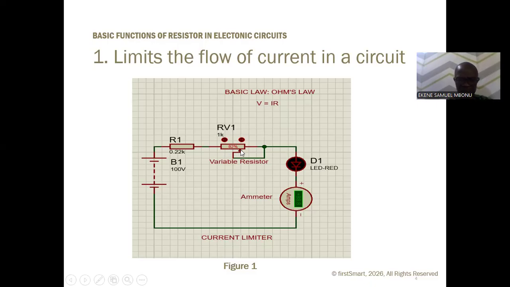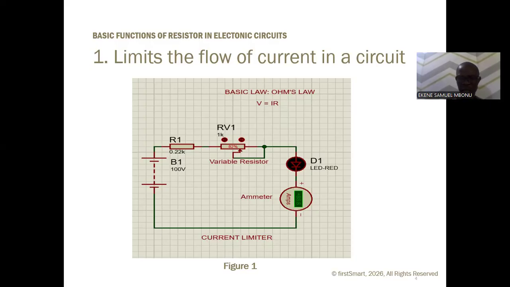At the minimum resistance, when the percentage is 0, we have maximum current flowing through the circuit. This is one of the basic functions of a resistor in a circuit. Anywhere you see a resistor in a circuit, just know that one of the things it does is to limit the flow of current. And then the law that controls that is Ohm's law.